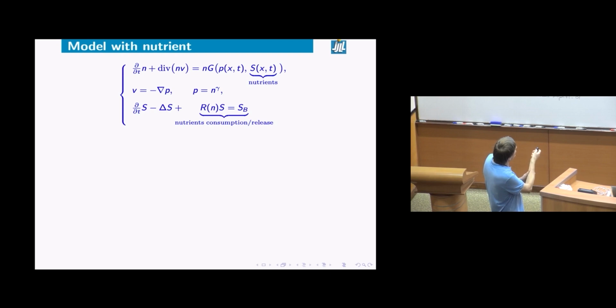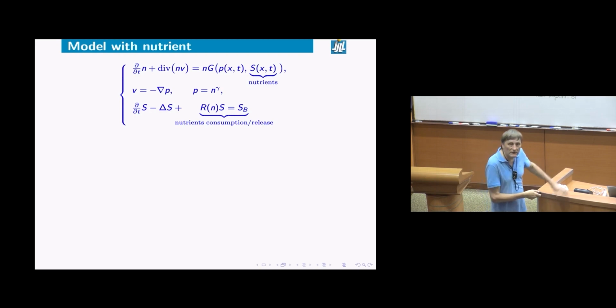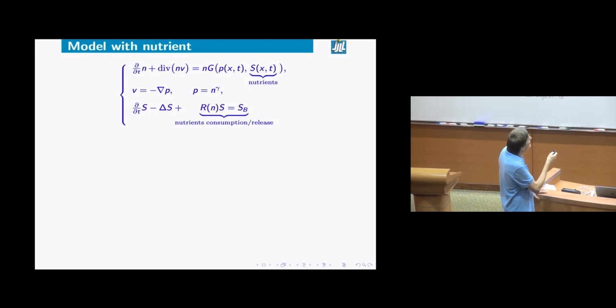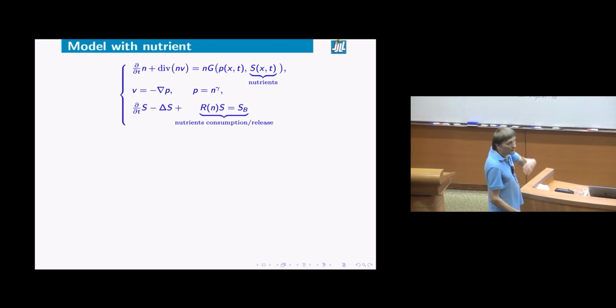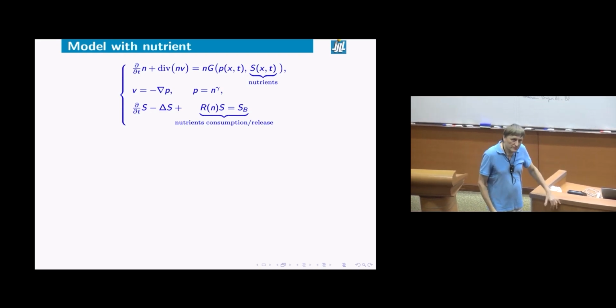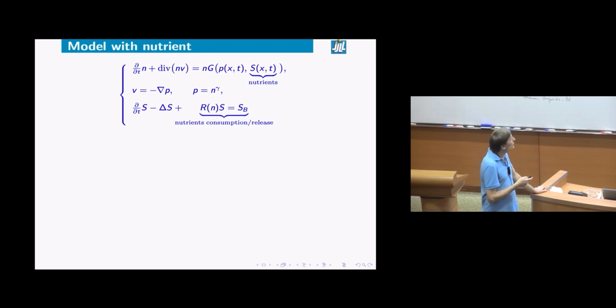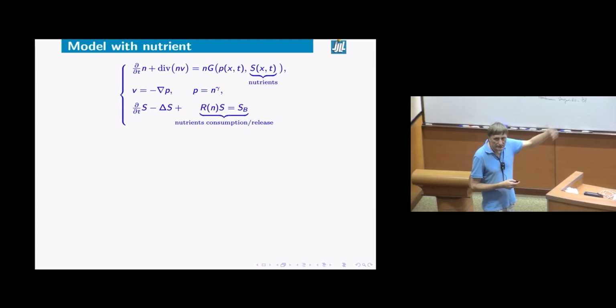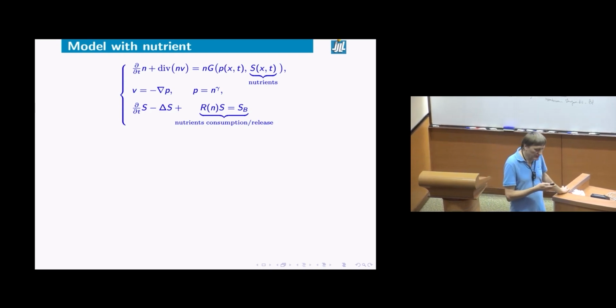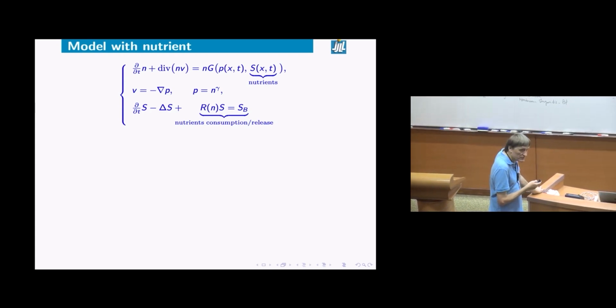So there is diffusion through the tissue, and consumption proportional to the number of cells for maintaining the metabolism, and then there is a release, because there is an experiment and a flow outside, or because you have blood vessels which are bringing the nutrients. So you are back again to this system, like we said for Fisher-KPP, this system of two equations.